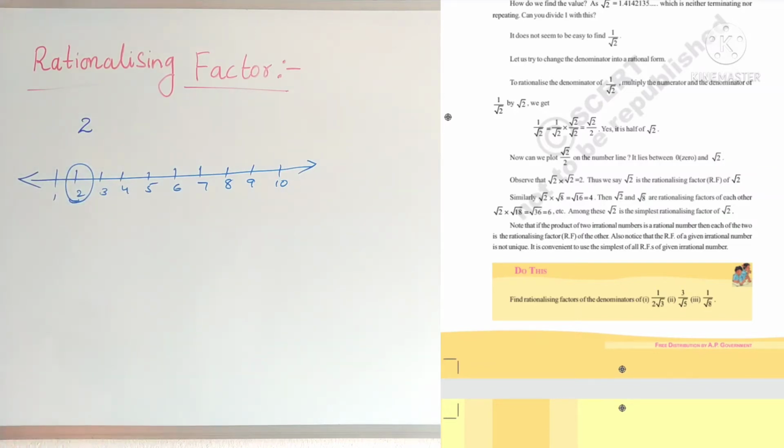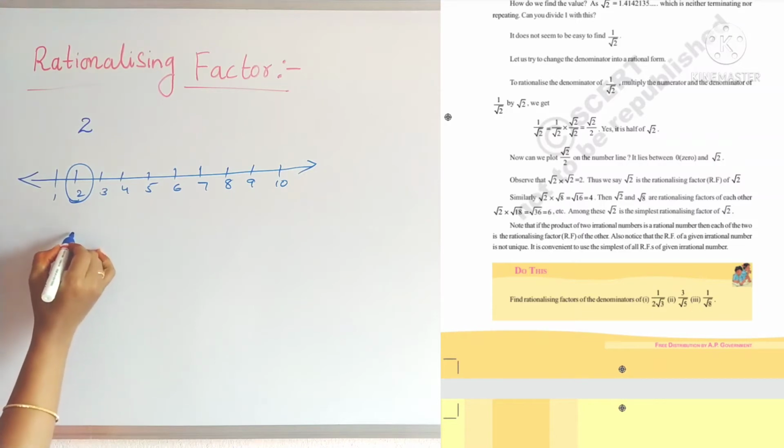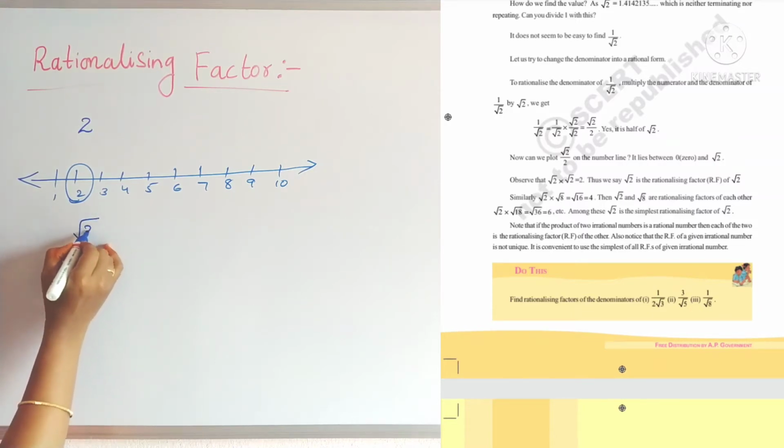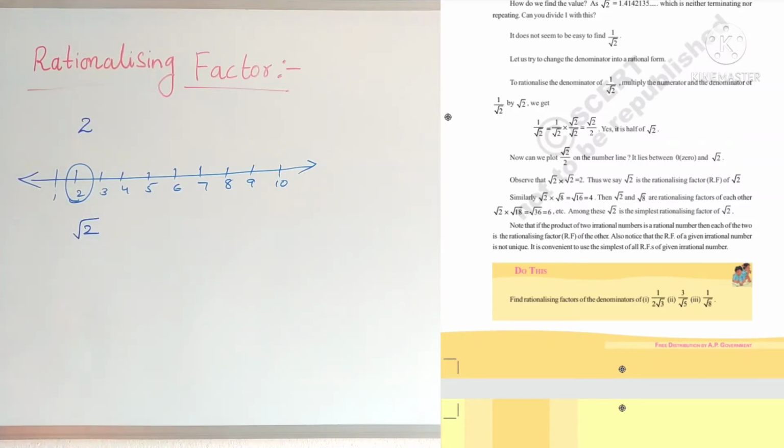Like this you will solve, right? Already in our exercise 1.2 we have learned to represent root 2 on the number line, and we have located root 10 also on the number line.